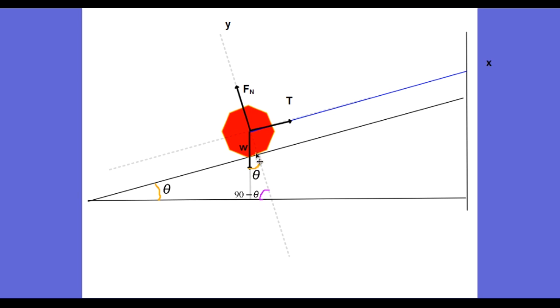Now in this tall right triangle that has this solid line, this dotted line is the hypotenuse, and if this is 90 minus theta, here's my right angle, and that means theta then shows up over here. So whatever the angle of incline is will always show up between the weight vector and the y-axis. That will be the same angle theta as over here.